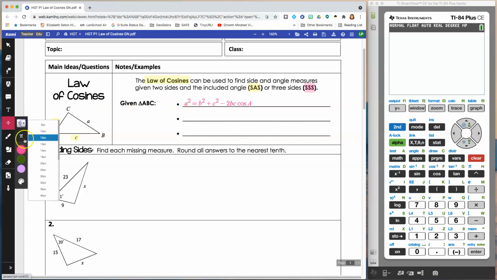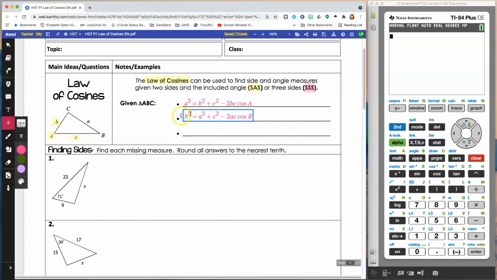So let's go ahead and type in the other 2 equations. The other one would be, what if I'm finding side B? B squared is equal to A squared plus C squared minus 2 times A times C times the cosine of angle B. And again, let's move this where we can read it easier.